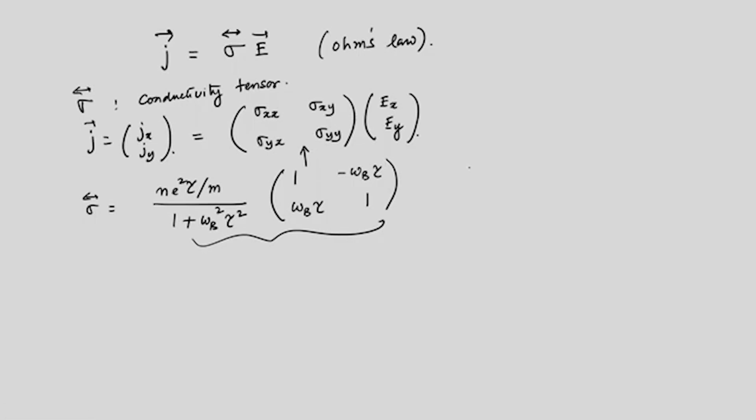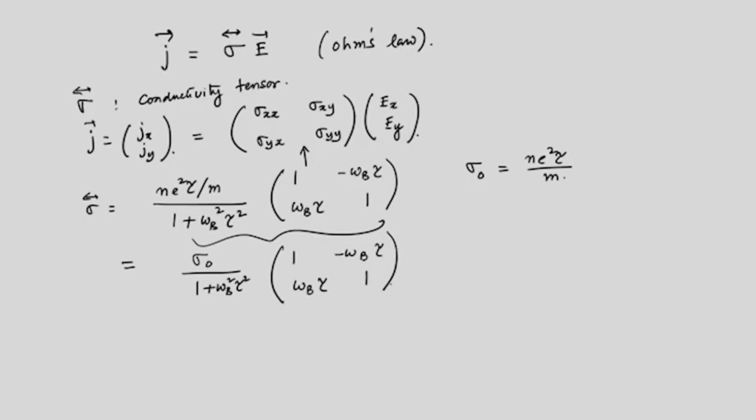Now, let's call this sigma 0, you can also call it sigma Drude. This is the Drude result, Ne squared tau by m. So this is equal to sigma 0 divided by 1 plus omega_b squared tau squared, times the matrix with entries 1, minus omega_b tau, omega_b tau, and 1.